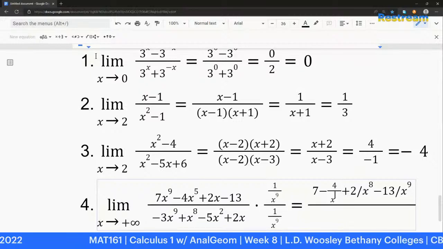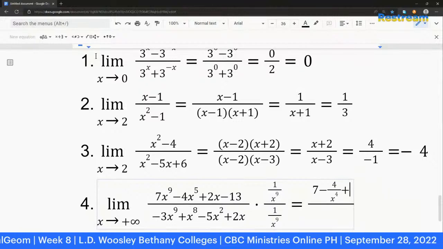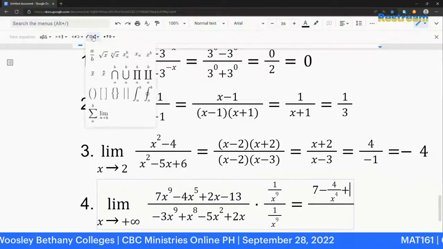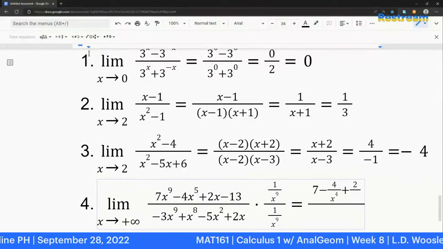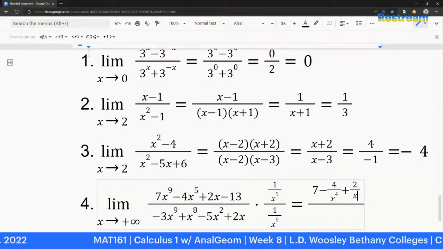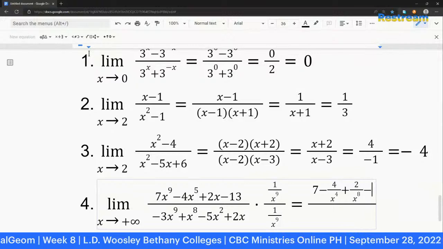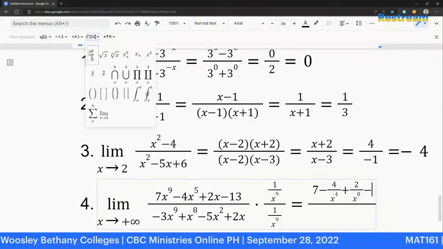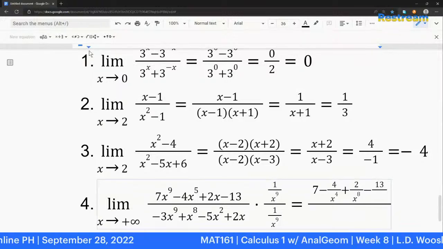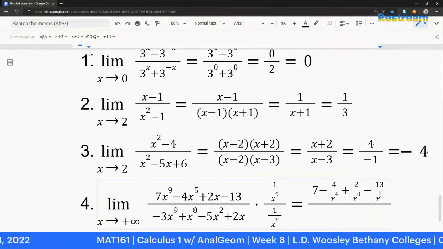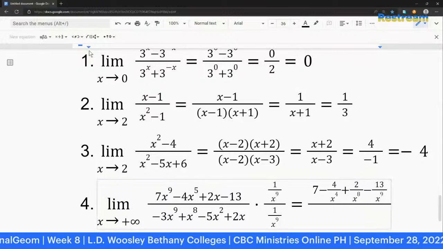Right? Yan, ito, and then 2 all over x raised to 8. Then minus 13 all over x raised to 9. Okay, same is true with what will happen in your denominator.